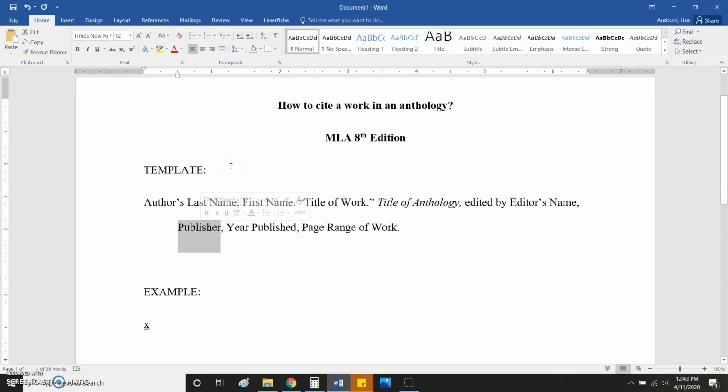Now, sometimes this information isn't very obvious, so you want to make sure that you go to the copyright page to find this information. When you're looking for the publisher, sometimes you can also look on the spine of the textbook. Most publishers will put their name at the bottom of the book spine.